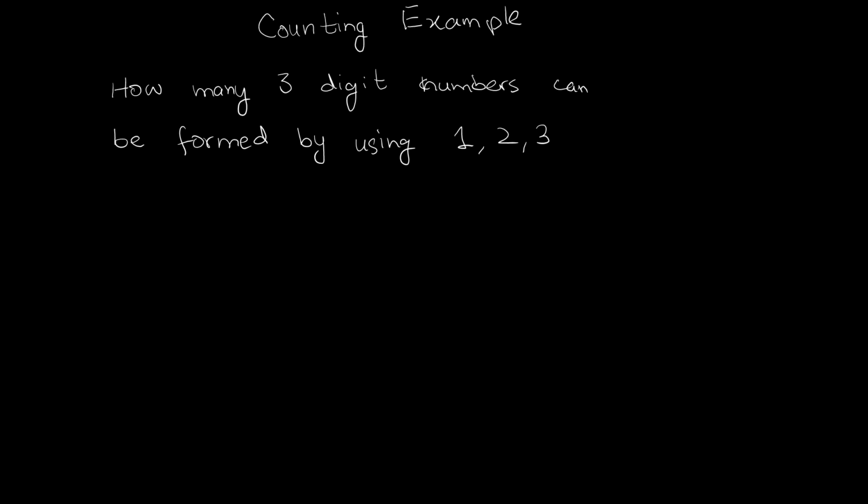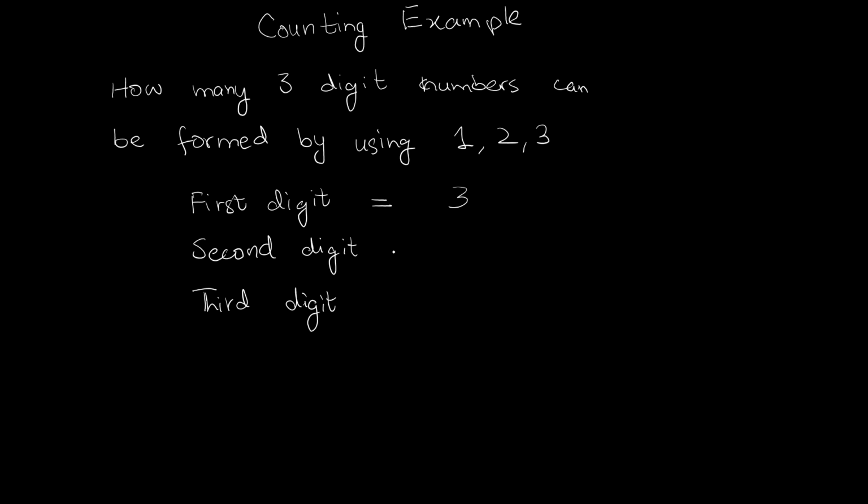Now, in this case, we have 3 digits. Therefore, we'll have 3 independent events. The first digit has no relation with the second digit, and so on for the third. So how many choices do we have for the first digit? In our case, we are given 3 numbers, 1, 2, and 3, and therefore we'll have 3 choices.